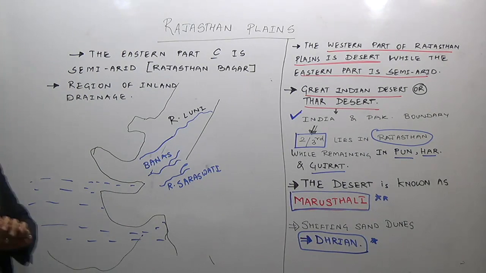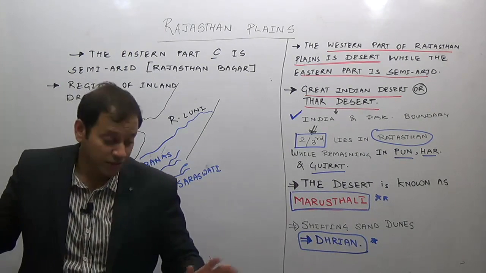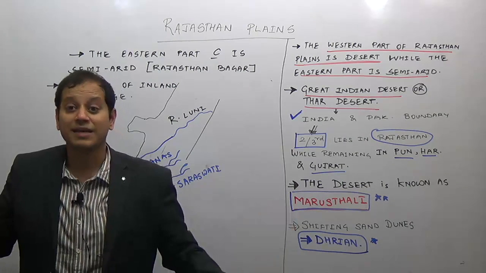These are the inland rivers in the Rajasthan region.